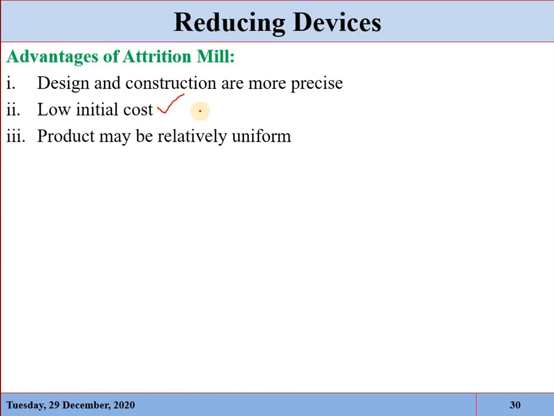Also its weight is less, the attrition mill weight is less as compared to the hammer mill. Okay, product may be relatively uniform. See, that is the advantage of the attrition mill over the hammer mill, because the hammer mill cannot produce a uniform product. Okay, and the attrition mill may produce a uniform product, the size of the reduced product will be uniform.